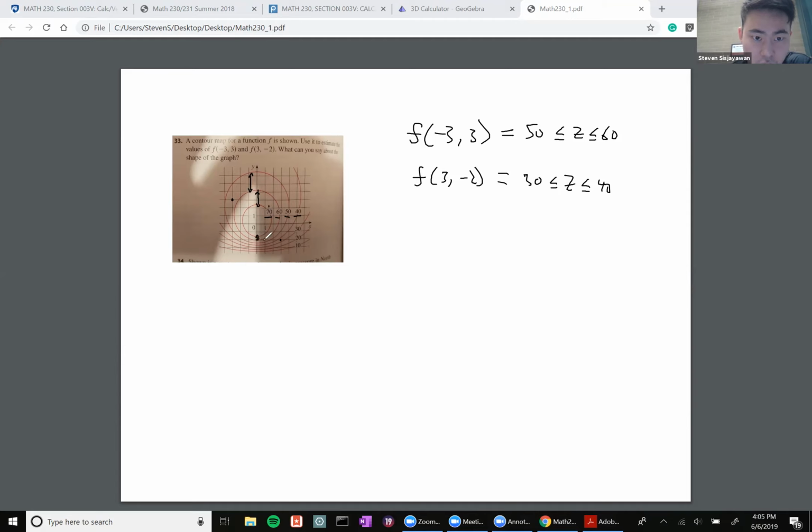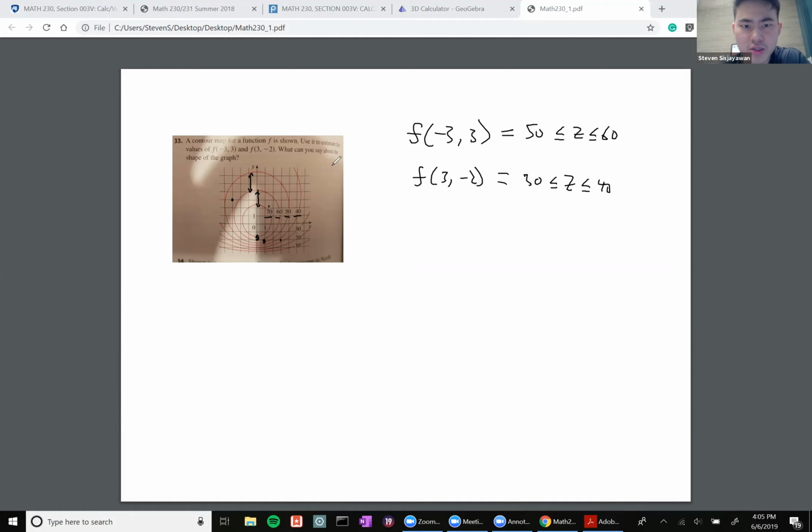So what we can say is that the slope on this side of the surface is a lot steeper than on the other side. This concept will be really useful, because the next few questions are about drawing out the function using a contour map.